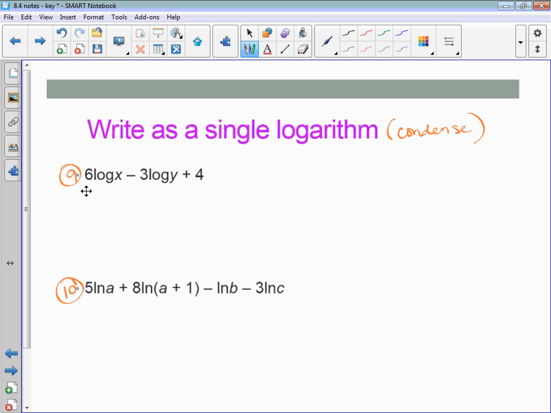So we are now starting with these expanded logs, and we're going to turn it back into just one log, like what we started with in those last problems. I'll do the first one with you.